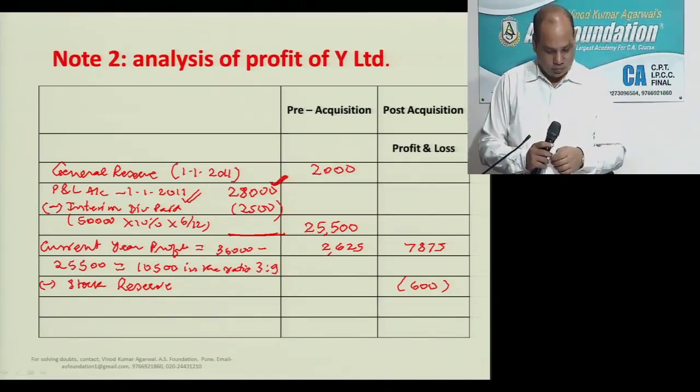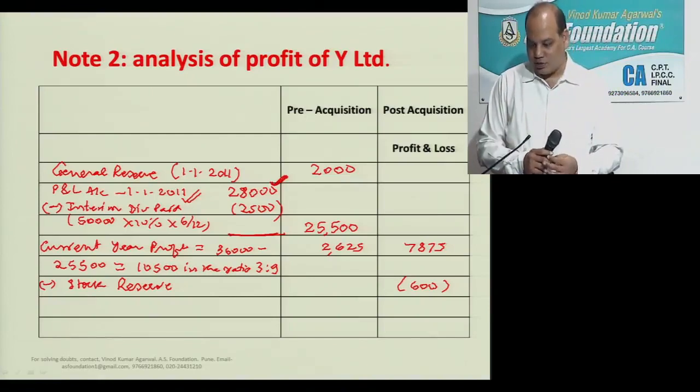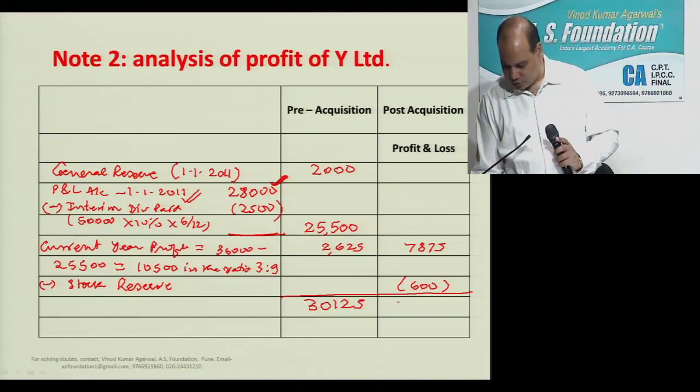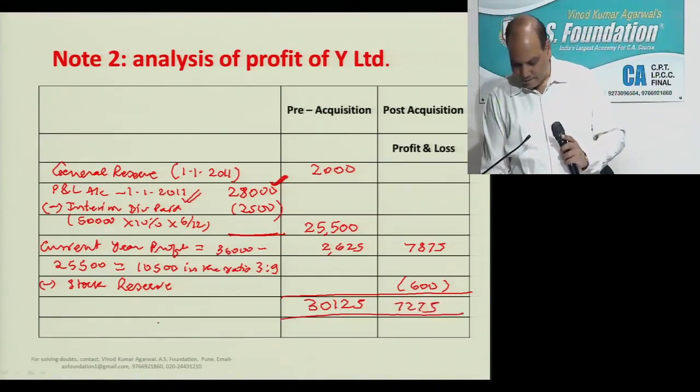No query? Sure. Then why are you waiting? Why don't you take total of working note 2? 30,125. Second column I will tell you, 7,275. Okay. Now write here X Limited 80%.